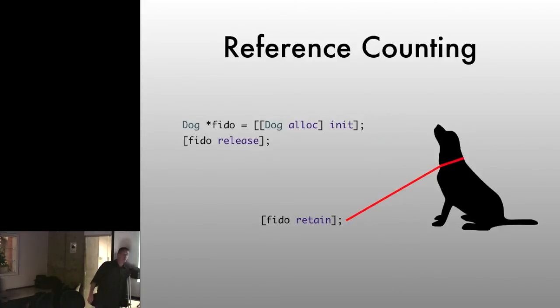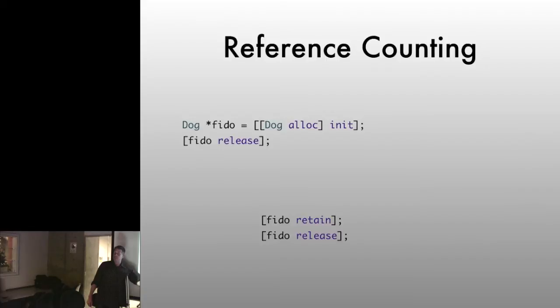Fido isn't deallocated when you call this release. To make him go away, you have to call release again, and he's gone. Does that make sense? So everything's balanced. You always want to make sure that calls to alloc or copy or retain are balanced with a release. Questions?